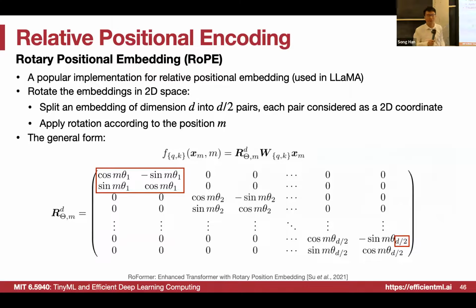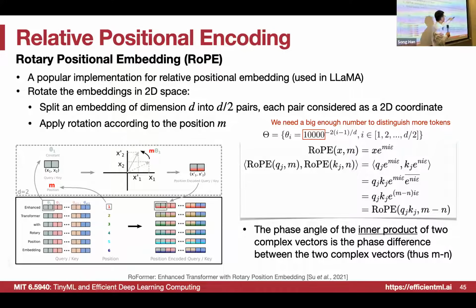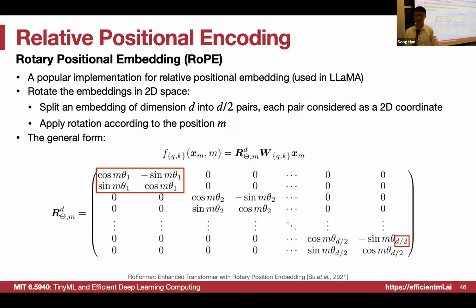And what is the implementation here? Like we mentioned, rather than directly doing the QK dot product, we transform the Q and transform the K. What is the transformation? This is the transformation matrix. We can see every two elements are grouped together and share the same rotation angle, since two elements, X and Y, can rotate in 2D space.